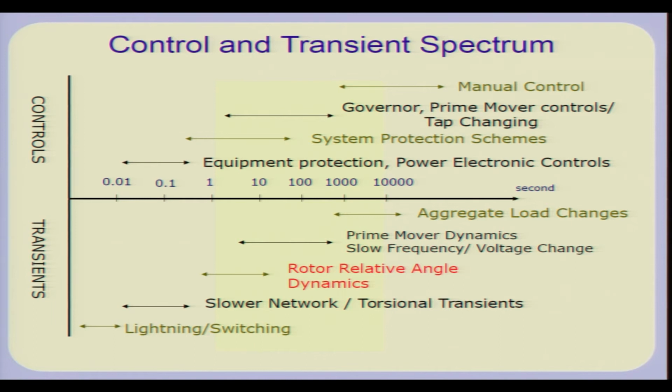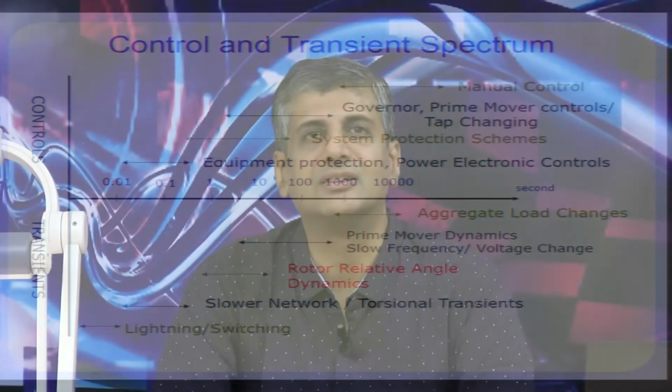Loads also change slowly, and this is also a transient on the system. Although an individual load could be changed by switching it on or off, on the whole in a large power system the aggregate load changes are relatively slow.